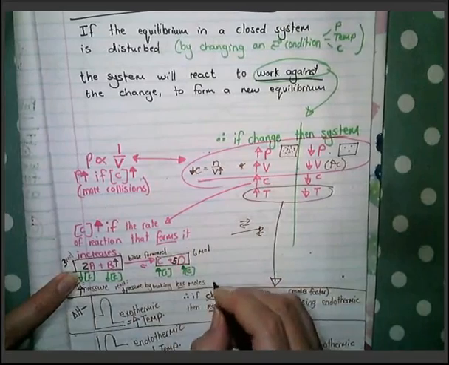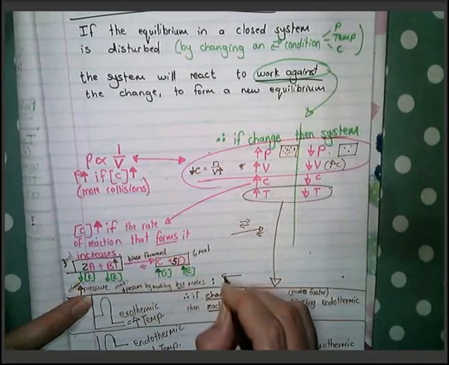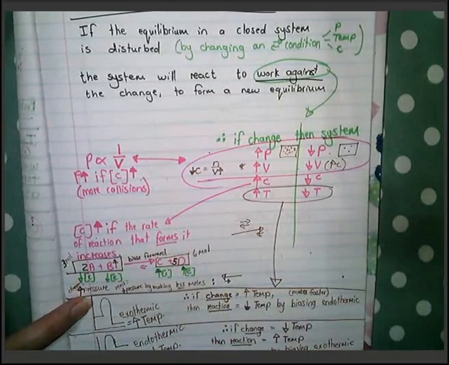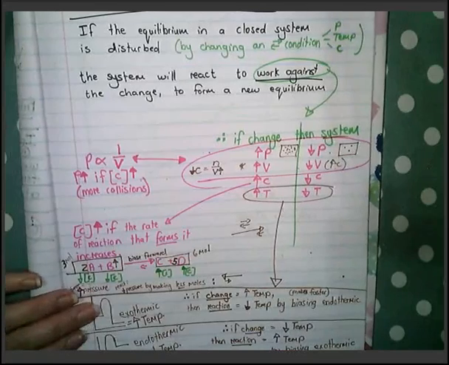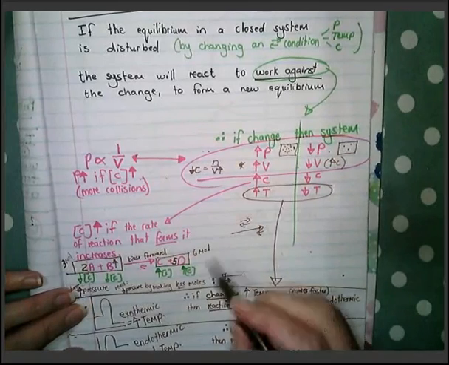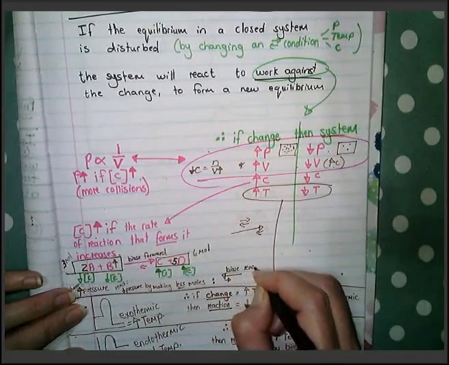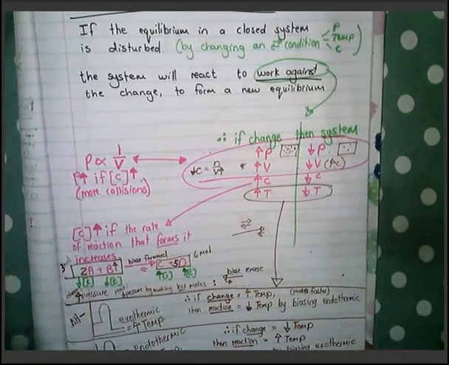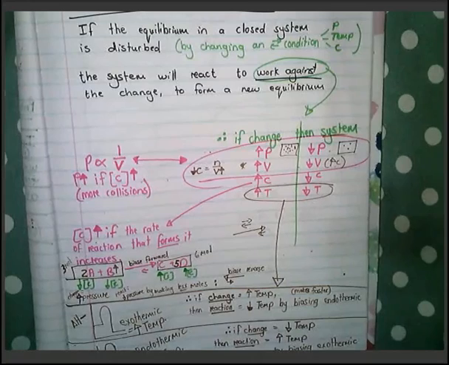So in this case, to decrease the pressure again, it's going to bias the reverse reaction, so that we have less moles of substances that can collide with each other, so the pressure is lower. Okay, so we're going to bias the reverse reaction. I hope that makes sense in terms of pressure.